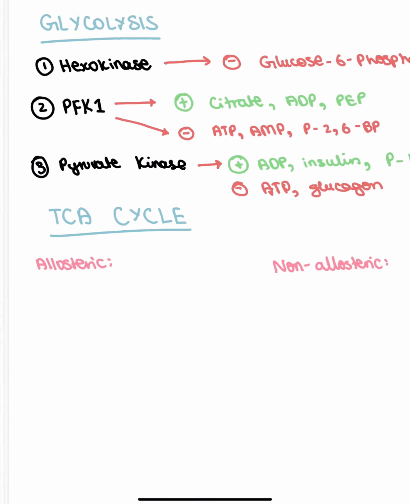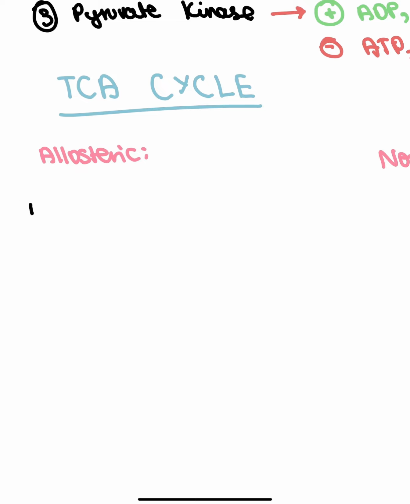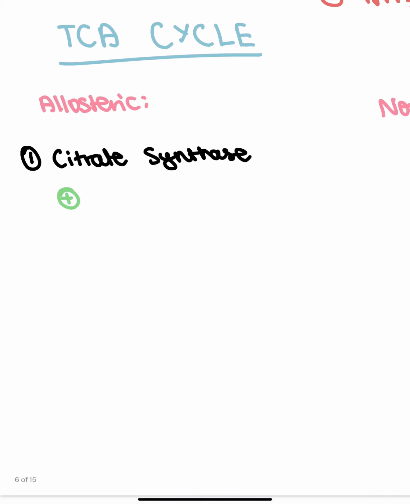We're going to look at allosteric first, and the first enzyme that's important and regulated is citrate synthase. Citrate synthase is activated or stimulated by ADP, but it is inhibited by ATP and NADH. So that's our first one.